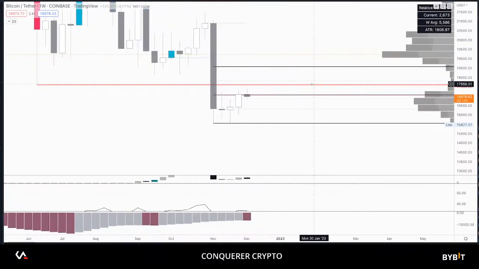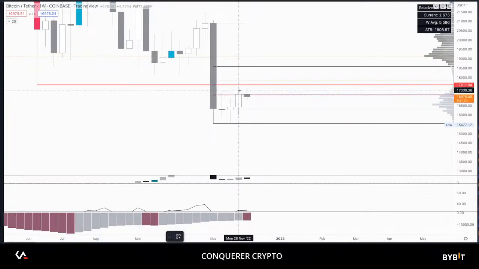Okay, we also have this, I'm gonna do it differently. We also took out the weekly high, but we're failing to maintain the position. So what we need is for this week to be at least, you know, close somewhere here, not basically close like this.